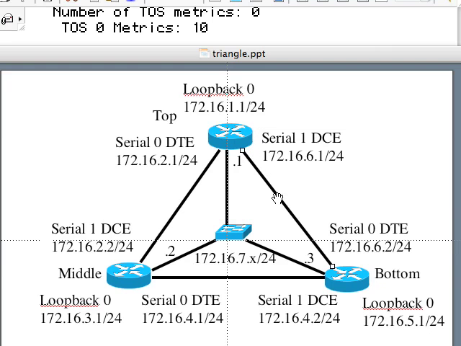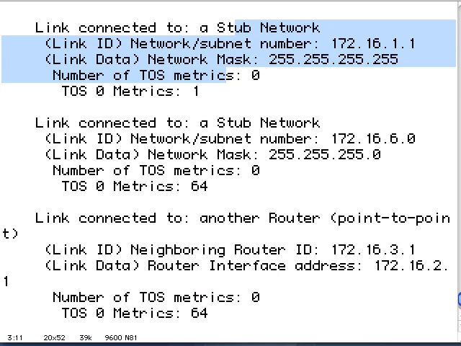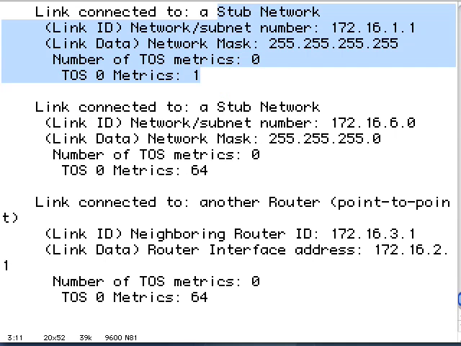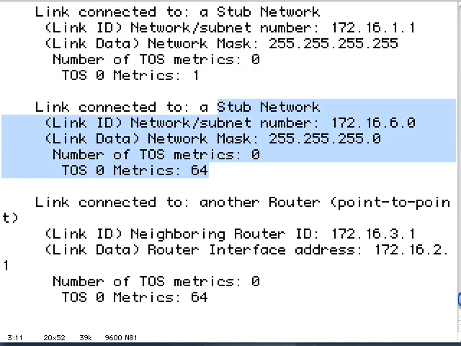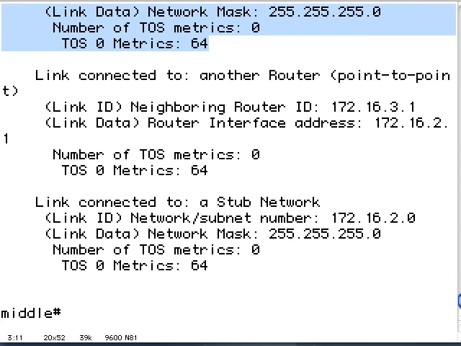And that's a point-to-point going to another router, but that other router doesn't run OSPF, which is why it's a stub. And it has another stub network, 172.16.6.0. This is the loopback, which is, of course, a stub. And this is that serial 1 interface, which goes to the other router not running OSPF, which is why it's a stub.